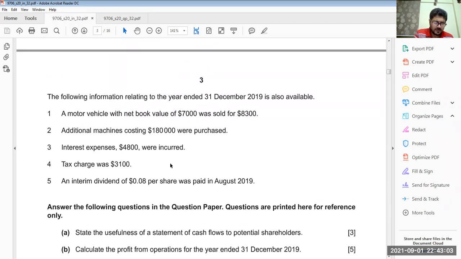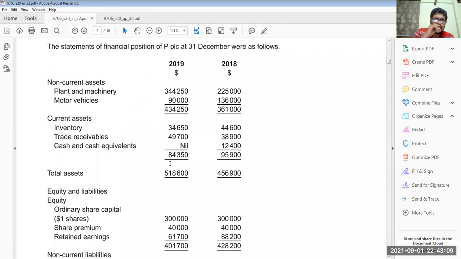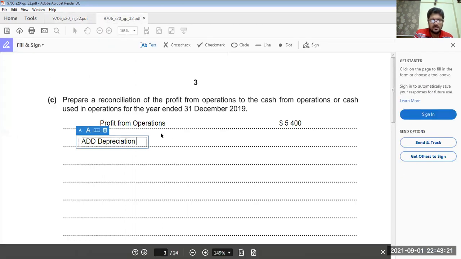Additional machines costing 180,000 were purchased. Total 405,000. But at the end of 2019, we have 344,250 left. So it means 60,750 is your depreciation for plant and machinery.